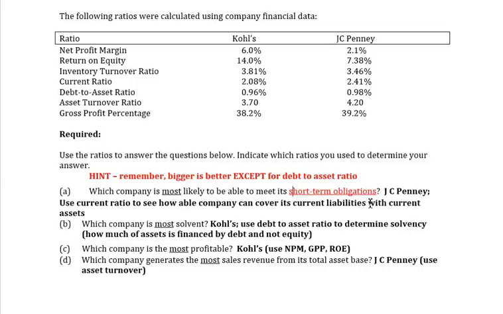Well, short-term obligations are those that are current liabilities. So you might say to yourself, well, let's look at the current ratio at this point and see what we have. Well, for sure, because the one where the current ratio is bigger means what? It means it's got more current assets than liabilities. So the more current assets they have, the more likely they are to be able to pay off their current liabilities. But we look at it as a ratio.